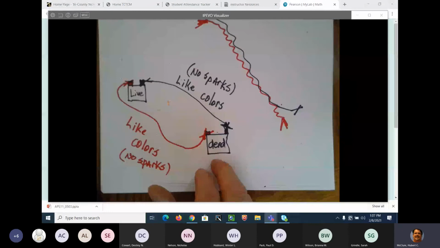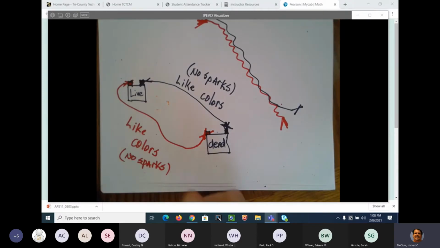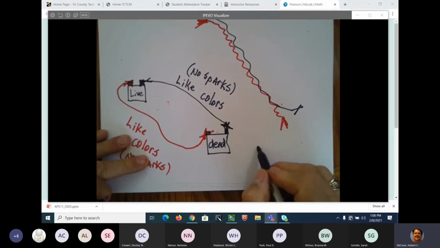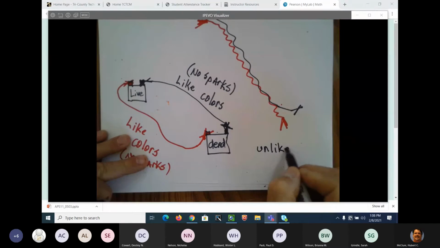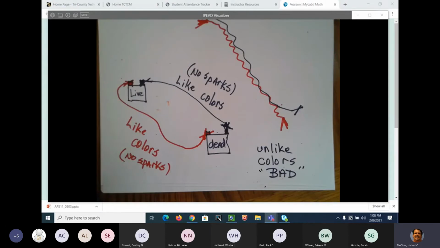So mixed colors, if you mix the red and the black, that's bad. So you can write over here, unlike colors, bad. Unlike colors will cause damage to your car.